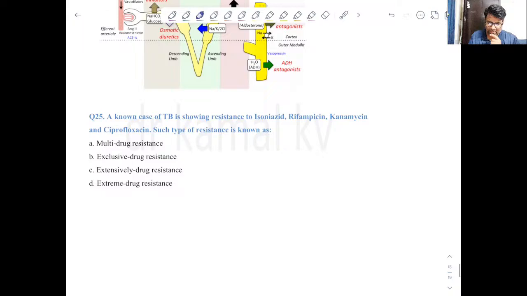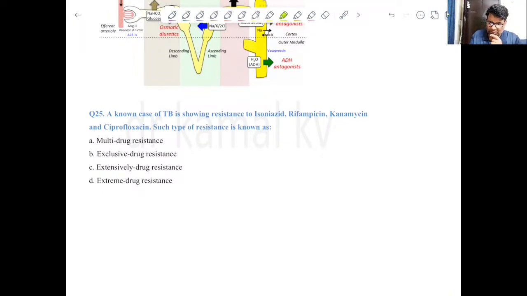Chalo. And the last question. A TB patient is showing resistance to isoniazid, rifampicin, then kanamycin and ciprofloxacin. Yes, very good, Siva. Mannitol is an osmotic diuretic. Yes, right. So what you can see here is the resistance: isoniazid, rifampicin.